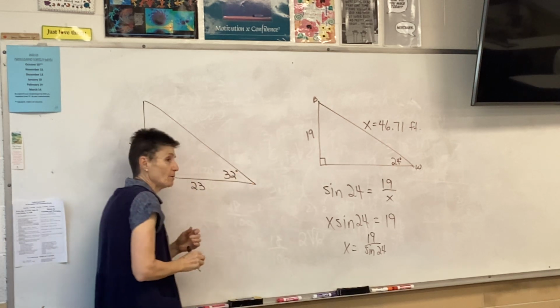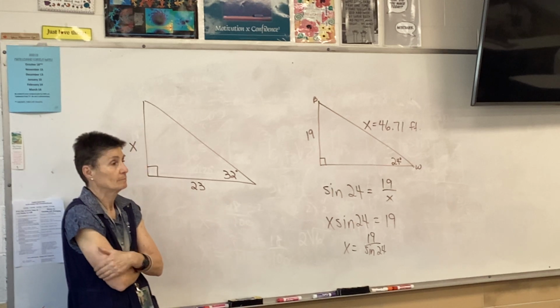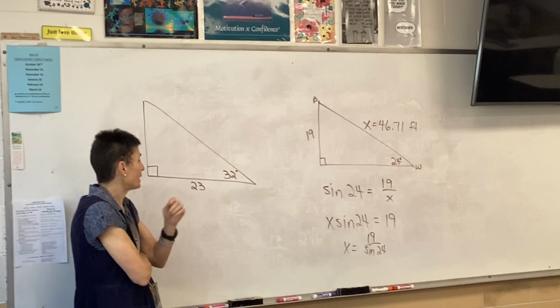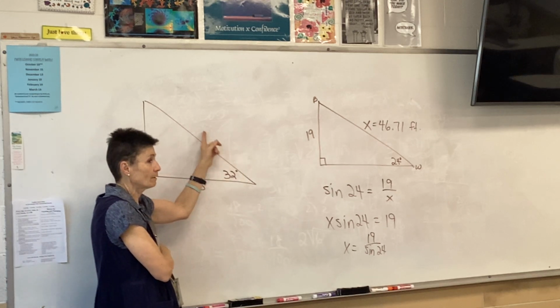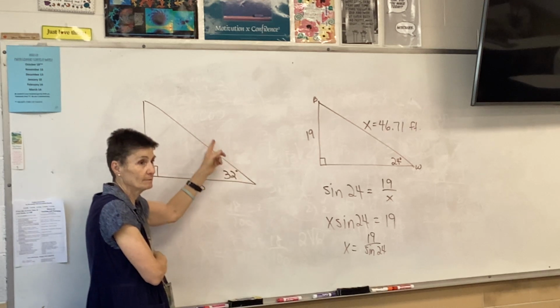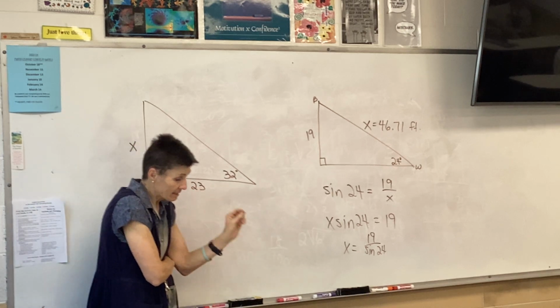All right, would you look up here for a second and see if this picture looks like yours? Now, did anybody put the X over here? Or put the 23 over here? I put the 23. Okay, now let's talk about that.